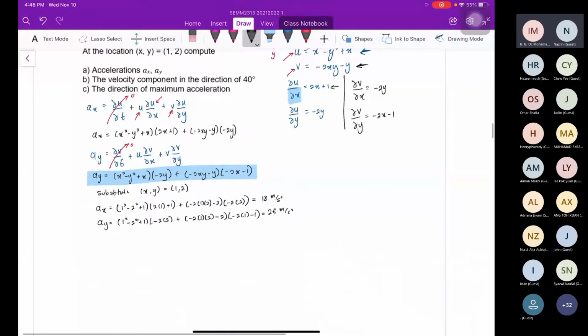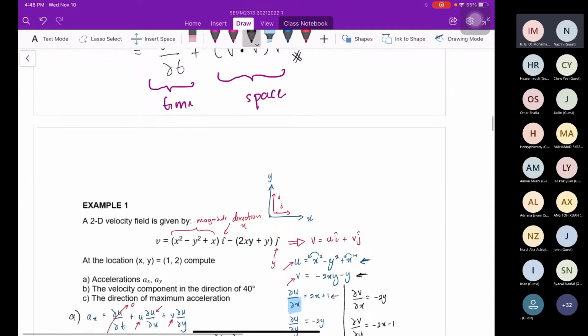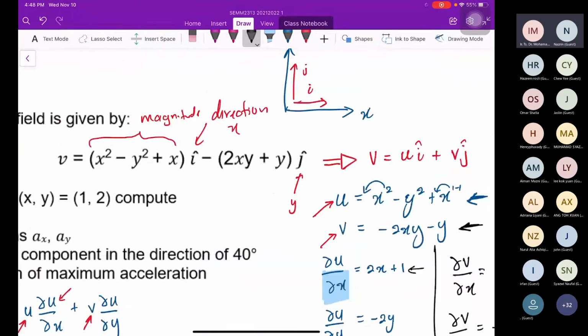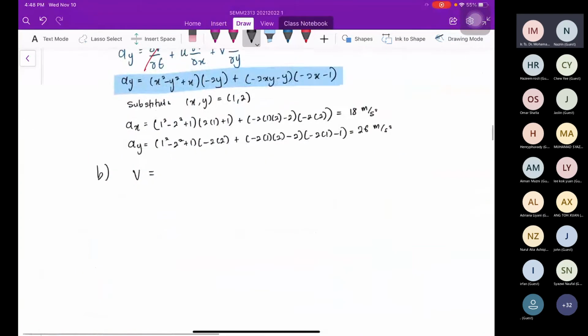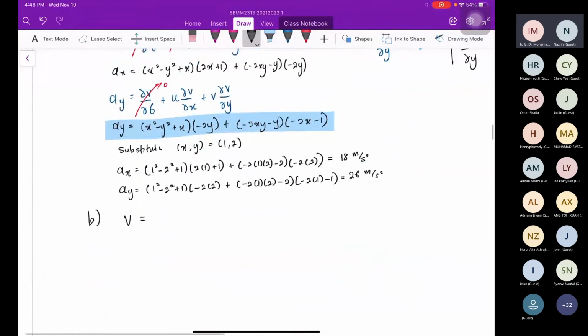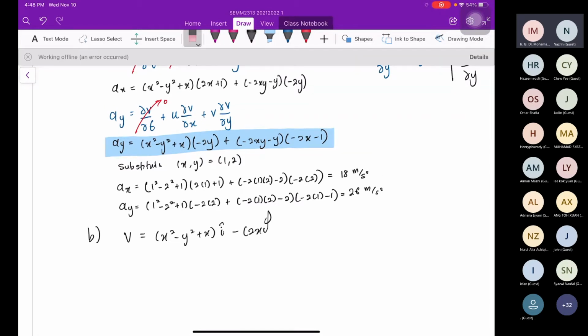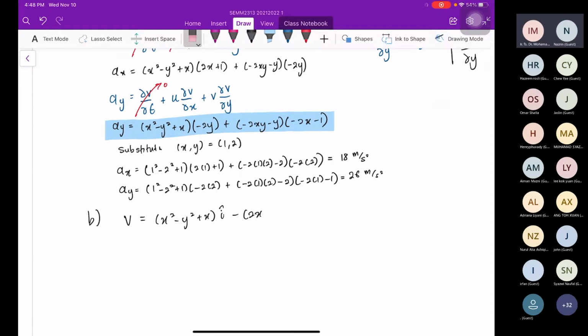It is given that from this equation, this is the velocity, right? But we need to substitute the value of x and y. So this is x squared, y squared, x. This is in terms of I direction. 2xy. In j direction.